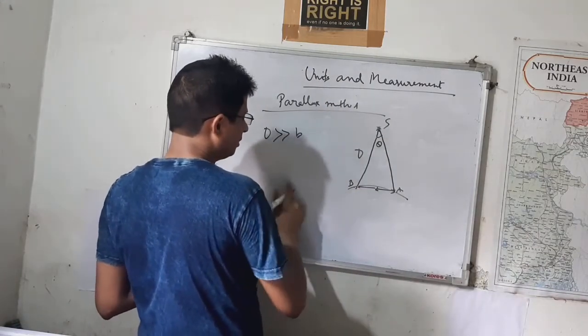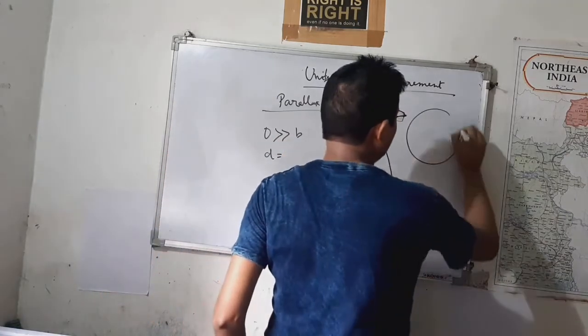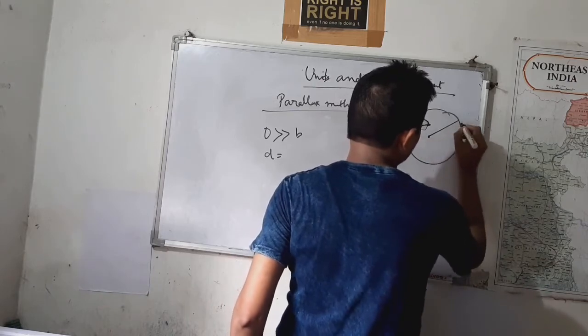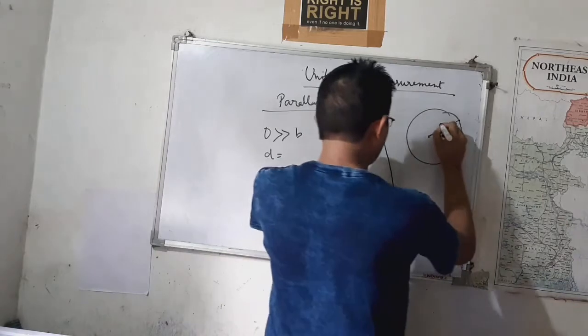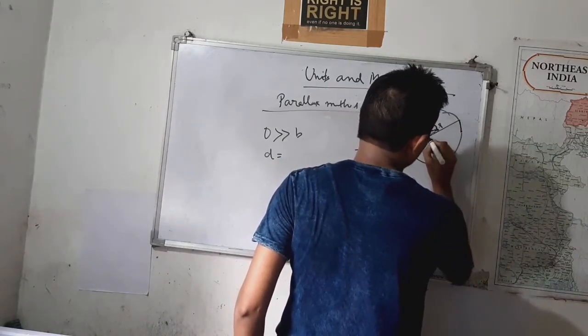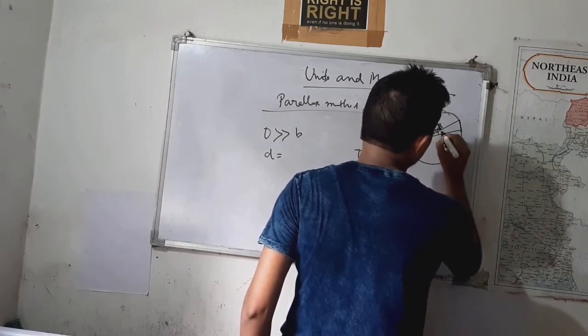We know that in a circle, suppose this is the center, and this is the radius R of the circle. Suppose a point moves from this point to this point, and this is also R, so the angle made by them is theta.